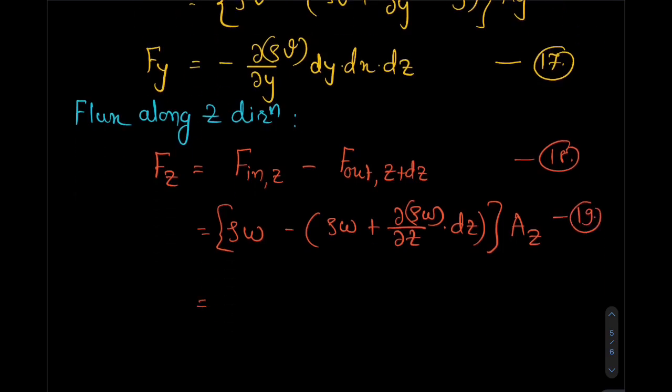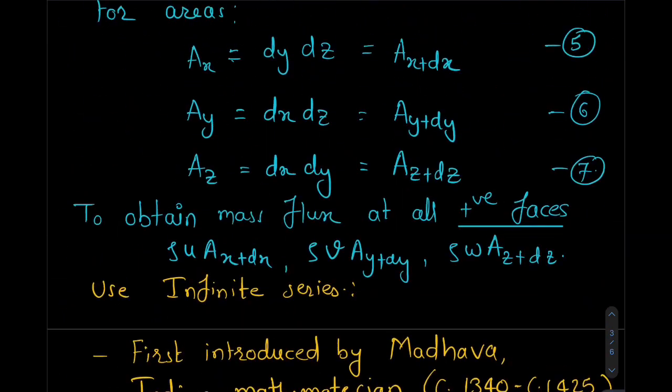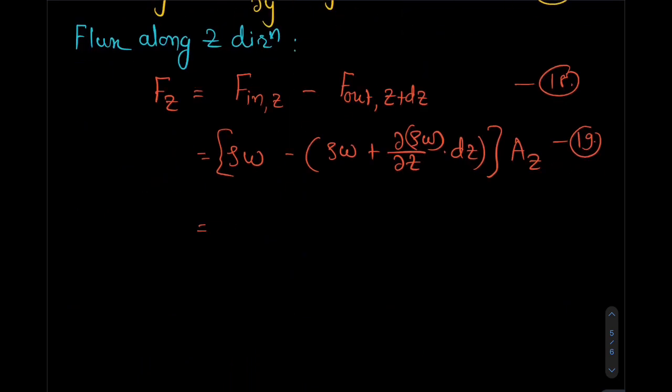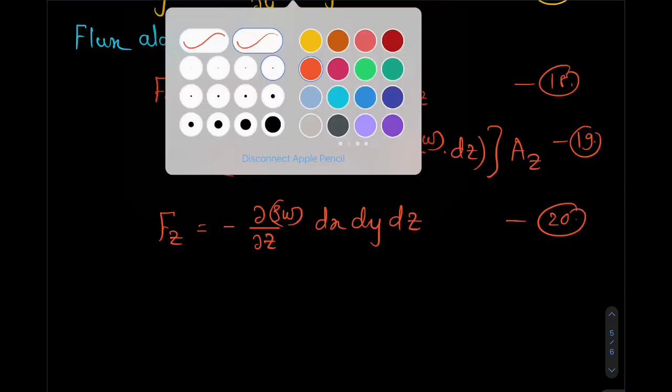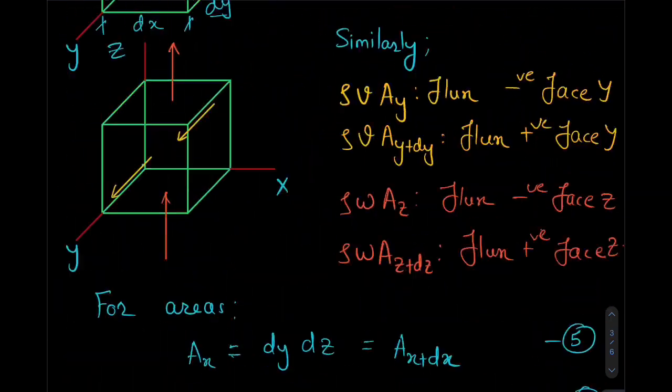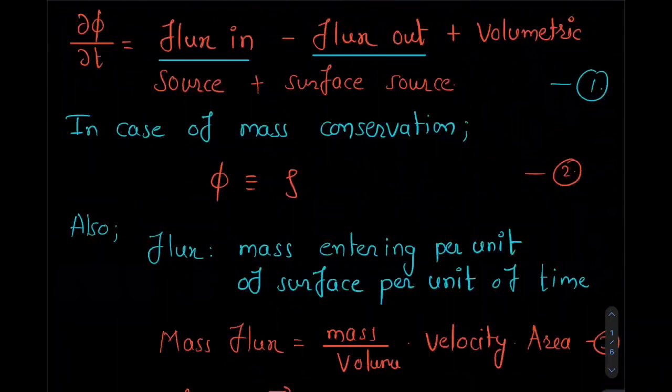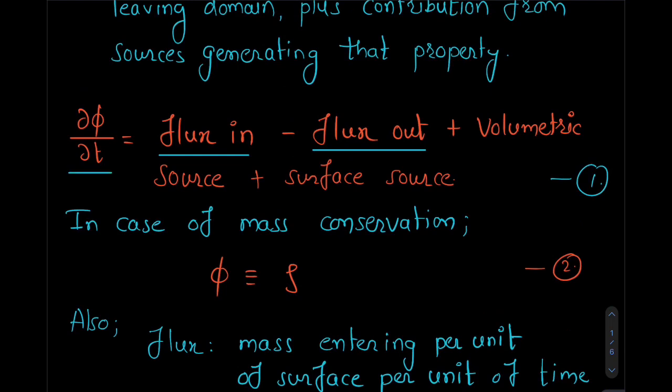So Az is dx dy. Yes, so this is going to be dx dy dz. Okay, so that is the flux along the z direction. Now we need to formulate one more term which is there on the left side, which is d phi dt.